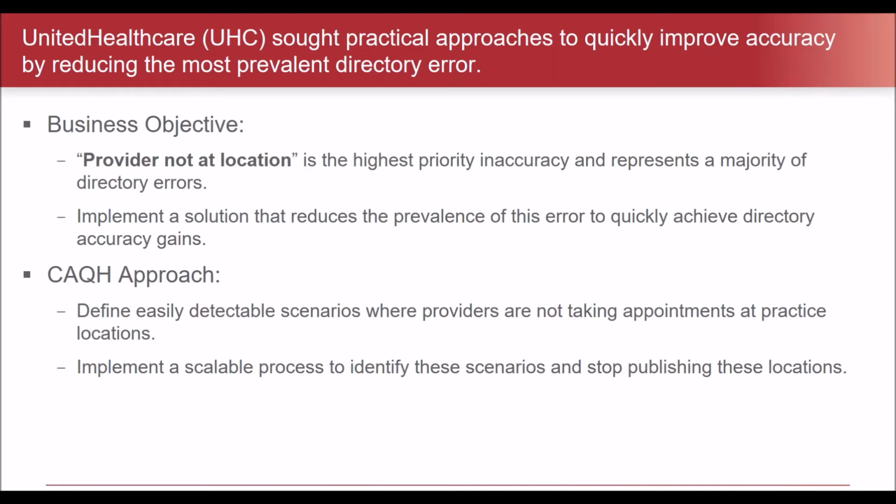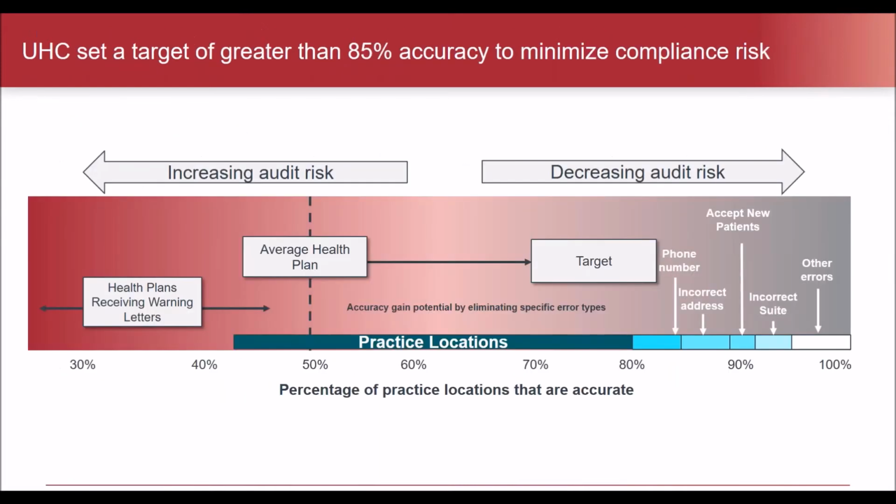And around the same time, CMS came out with the results in fall 2016 that the provider non-allocation was the most important issue. They saw that as a strategic opportunity for improving their directory accuracy. So they wanted to find an economical, repeatable, and scalable way to identify those locations that should be suppressed. Okay. Let's move to the next slide to get in a little bit more detail.